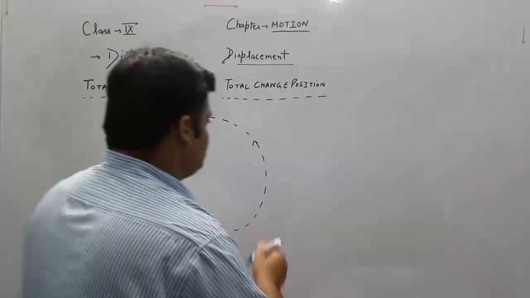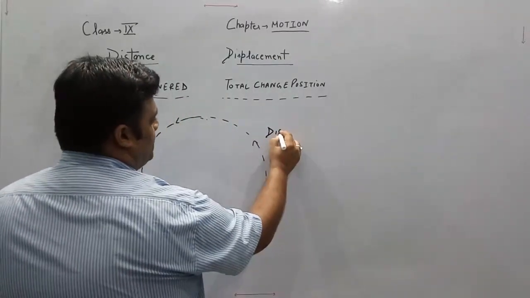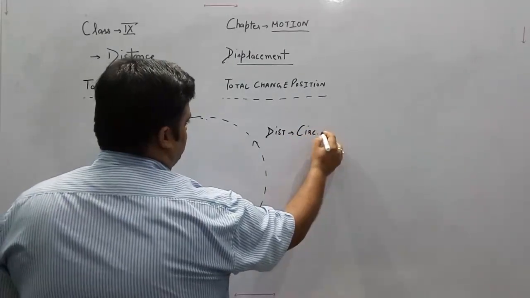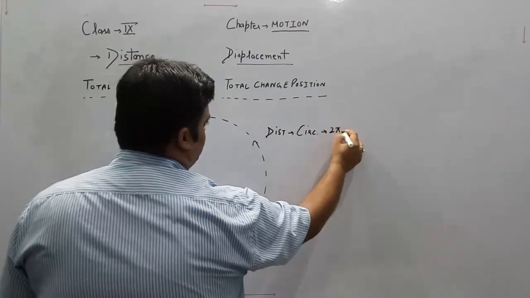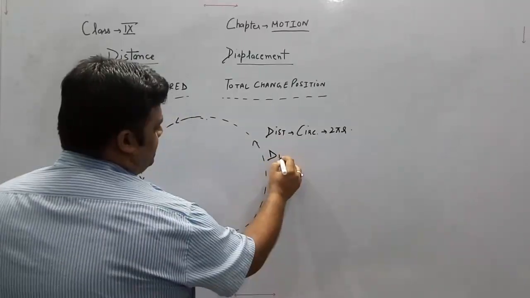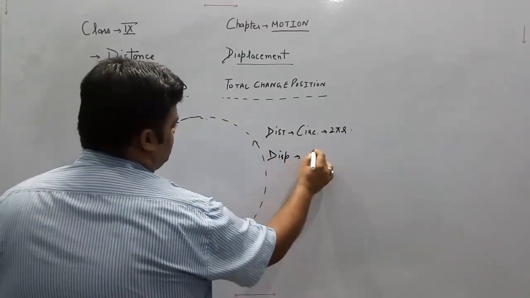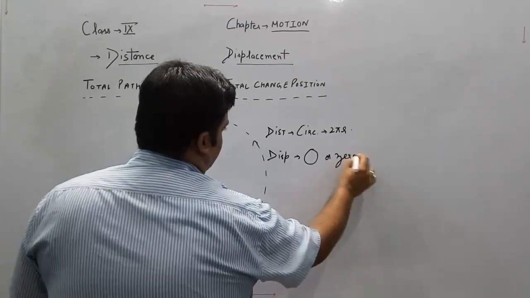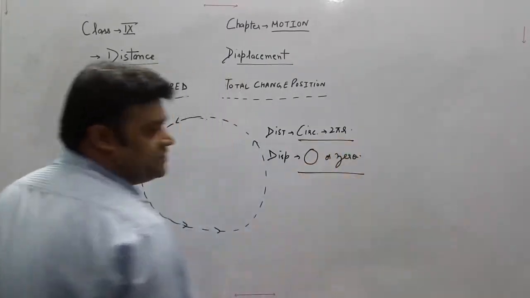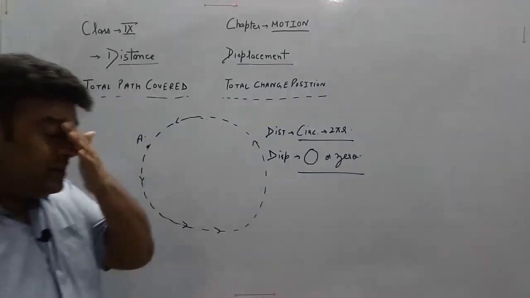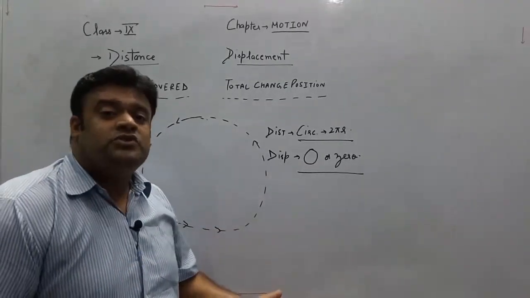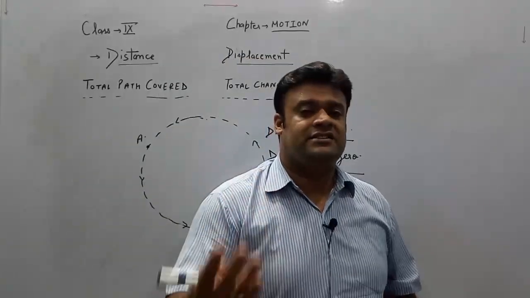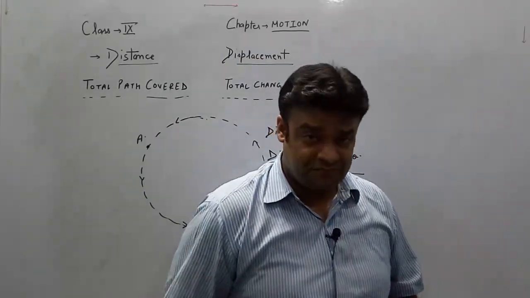So in this case, distance will be the circumference of the circle, that is 2 pi r, and displacement is considered as 0 because there is no change in position of the object.